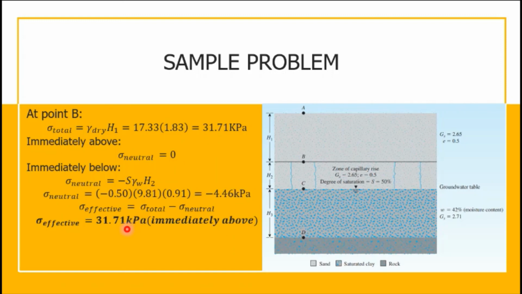So this will just be 31.71 kPa. And if it's immediately below, this will be 31.71 minus negative 4.46, which is the value of the neutral stress immediately below point B. And the effective stress immediately below point B is 36.17 kilonewton per square meters or kPa.